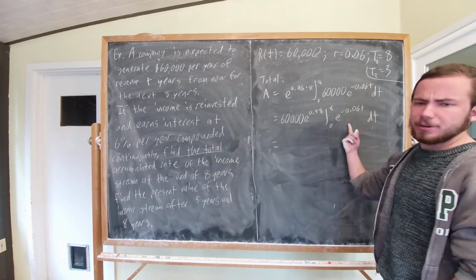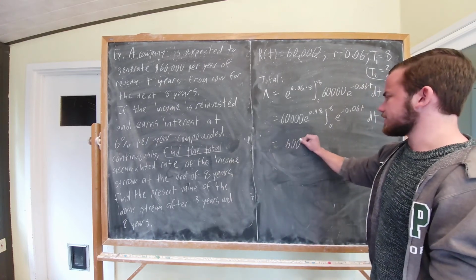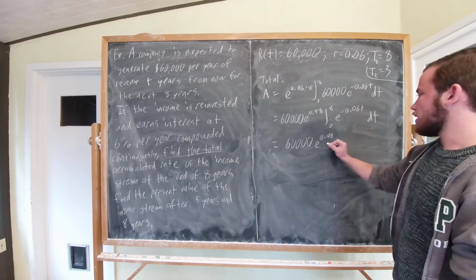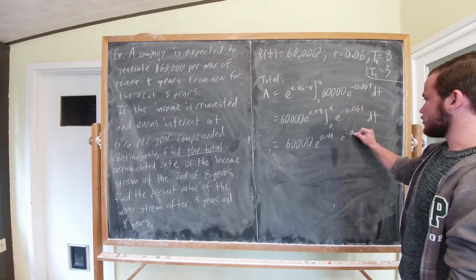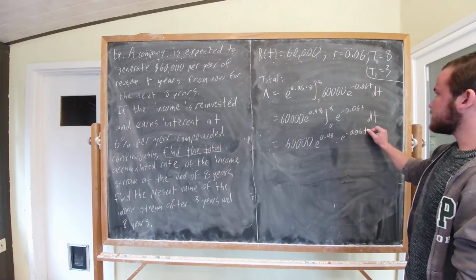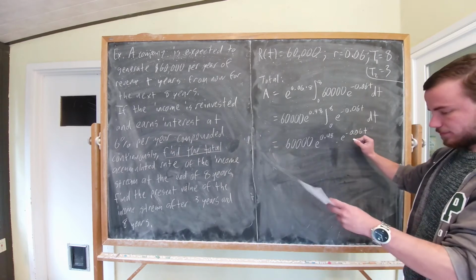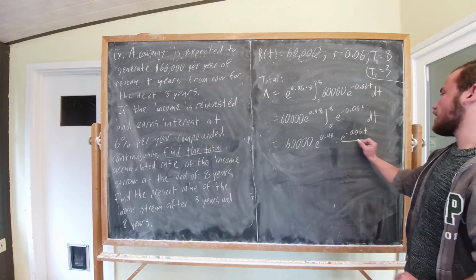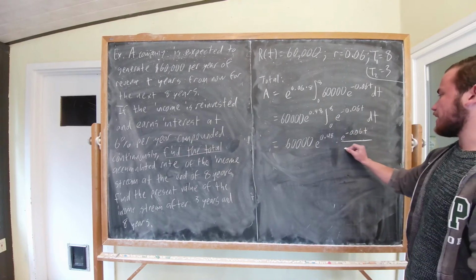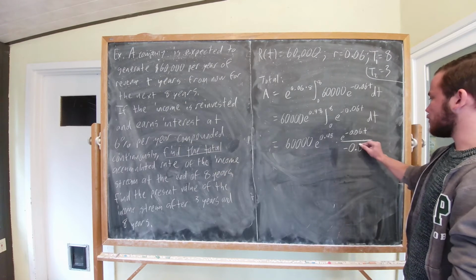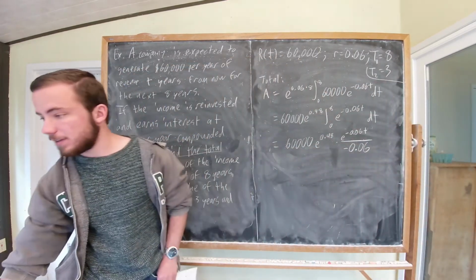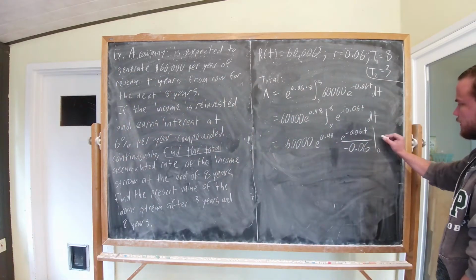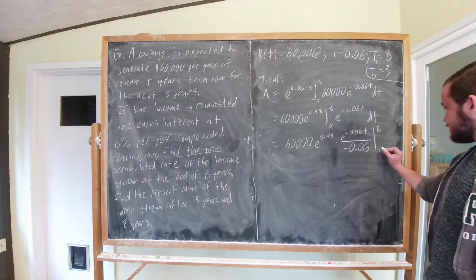If you just evaluate this integral straight, it ended up being 60,000 e to the 0.48 times e to the negative 0.06 t. Yes, it is negative. Yes, negative 0.06 t divided by negative 0.06. All right, and that goes from t equals 0 to 8.